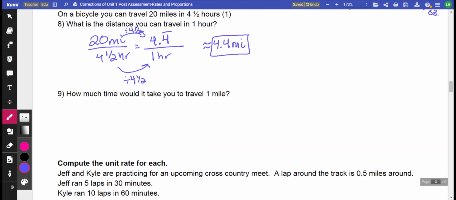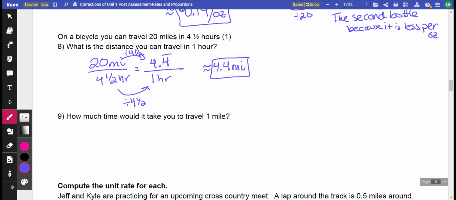Number 9, how much time would it take you to travel 1 mile? Well, if 20 miles takes me 4.5 hours, I want to know how much 1 mile would be. So I would divide the numerator and the denominator by 20.